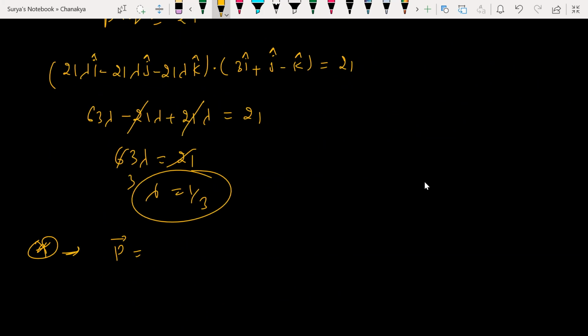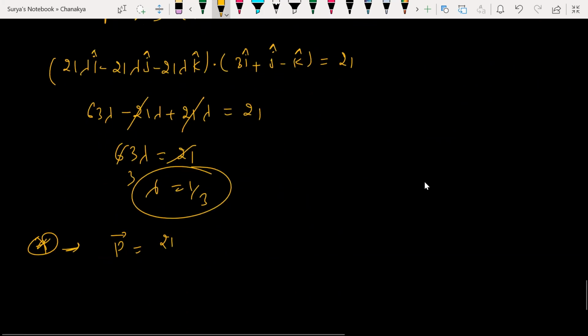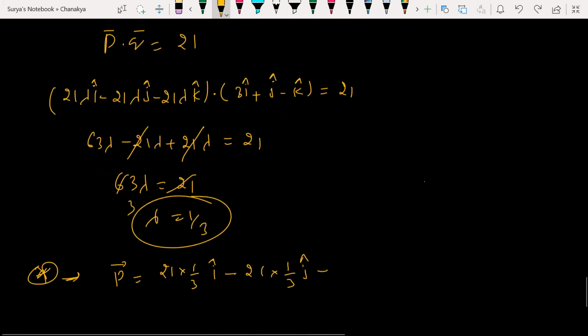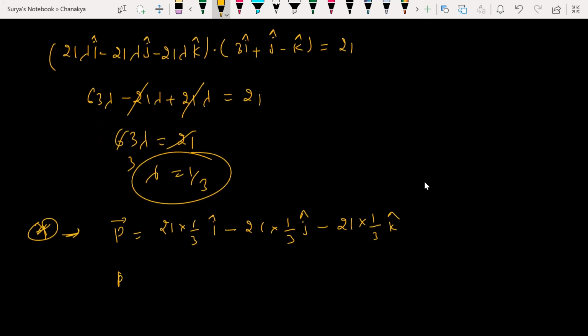The P vector gives me 21 lambda, so 21 by 3 into 1 by 3 times I minus 21 into 1 by 3 times J minus 21 into 1 by 3 times K cap. So this is going to be my P vector now. P vector is going to be 7I cap minus 7J cap minus 7K cap.